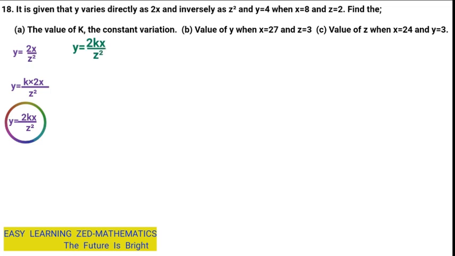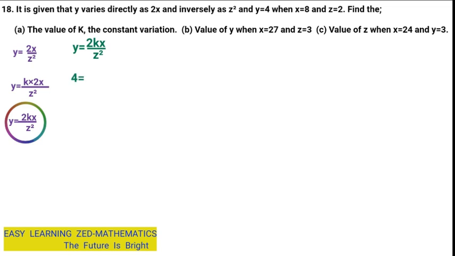So now when we go back to the statement, we read through and check for the numbers we are given. It is given that y varies directly as 2x and inversely as z squared, and y is equal to 4. So where there is y, we're going to put 4.